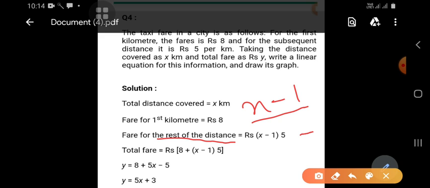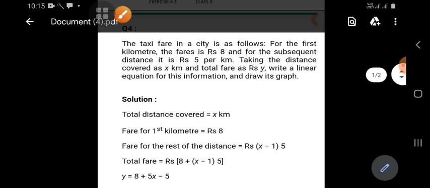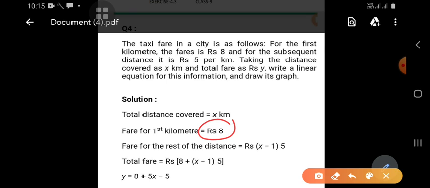Now the total fare he has to pay is rupees y. For the first kilometer that person pays rupees 8, and for the rest he has to pay (x minus 1) into 5. So the total fare is equal to rupees 8 for the first, and for the rest (x minus 1) into 5.